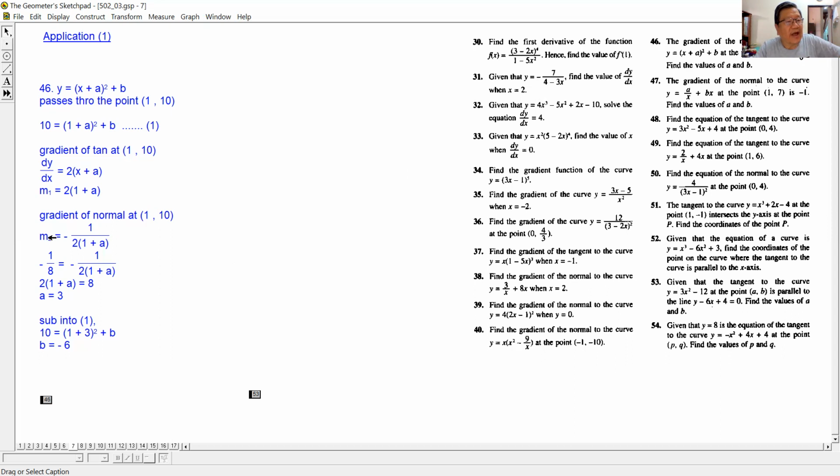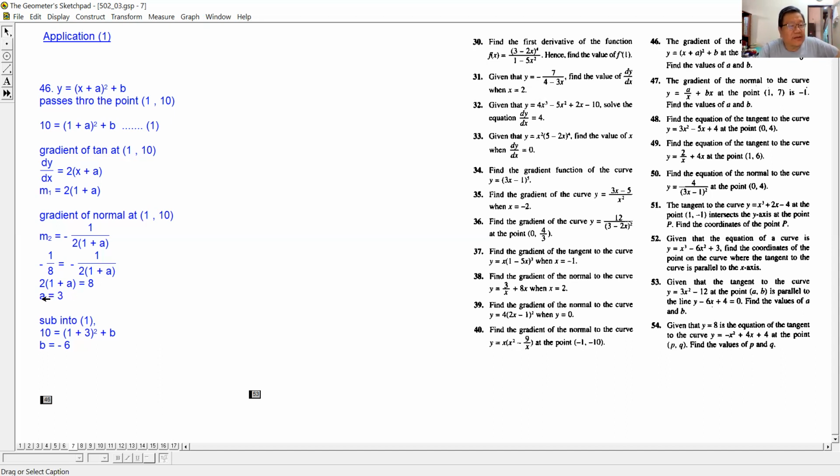So on this side, the m2 I replace with negative 1/8. I have to solve this equation. How to solve? Inverse the 2, then change negative to positive, right? So we have this equals to 4, then a equals to 3. So finally you get a equals to 3.